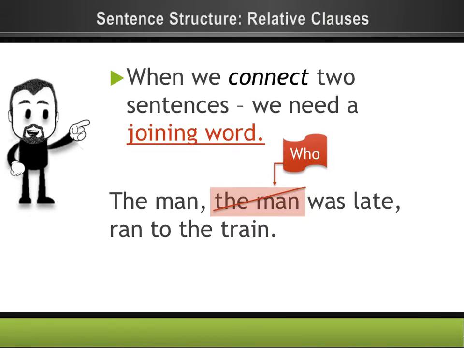So the man is very repetitious, and we need a joining word anyway to make this join with this. So what we need to do is take the second repetition of the subject out and add a joining word. So the sentence becomes, the man who was late ran to the train.